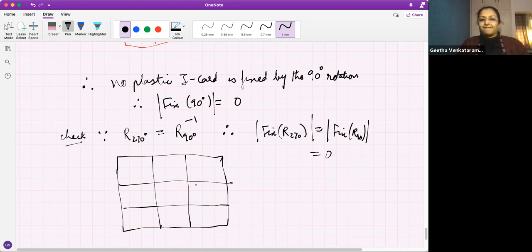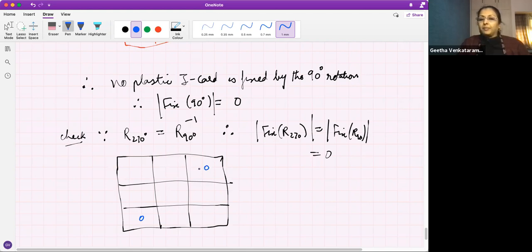Second row and second column, or 3, 7, or 1, 9. Sorry. Say that again. 3 and 7, or 1 or 9. First, let's take this. So if I look at a 3, 7, right? What will happen when I do a 180-degree rotation? This position 3 will come here and this position will go there, right?